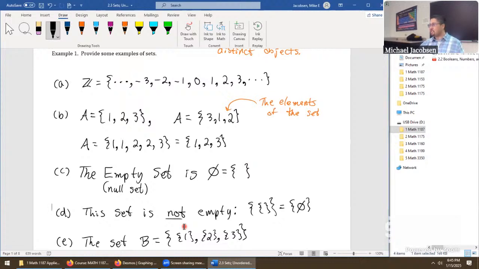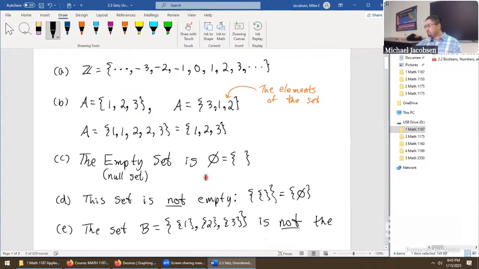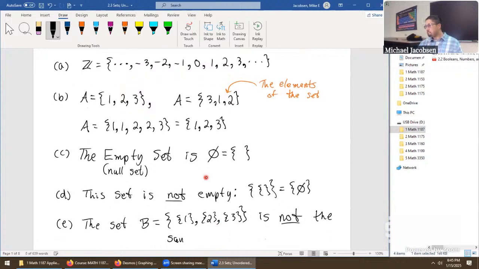In computer science, instead of saying sets, you might say something like lists. And you can create lists of lists. And in computer science, this list is not the same as this list down here. They have a totally different structure. So that set B is not the same as A equals 1, 2, 3.